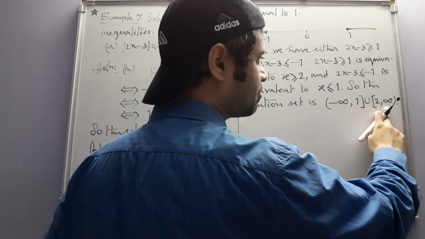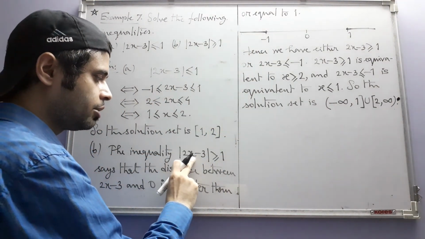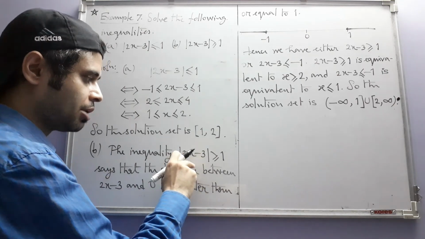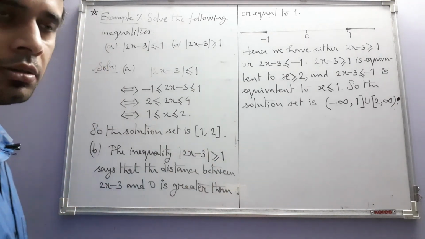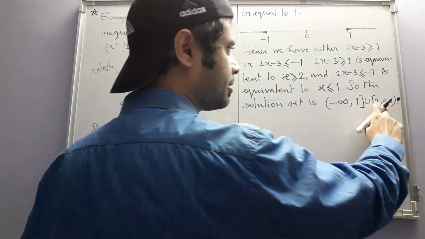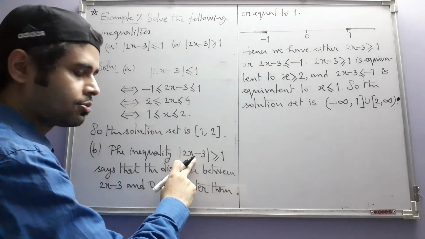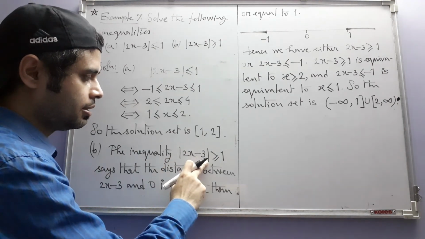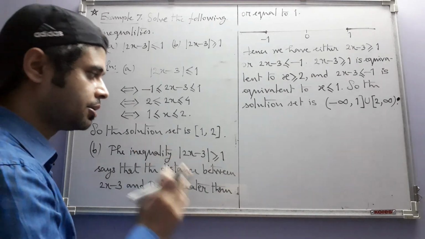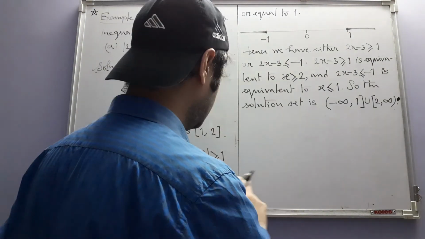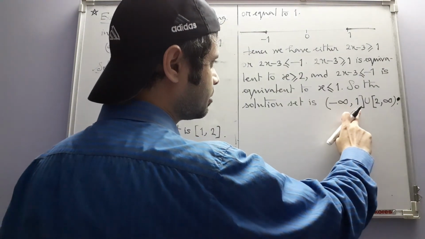If I take a number from here, say I take 2 itself, then 2 times 2 is 4, 4 minus 3 is 1, absolute value of 1 is 1, 1 is greater than or equal to 1, fine. If I want, I can take a higher value, say 3, 3 times 2 is 6, 6 minus 3 is 3, absolute value of 3 is 3, 3 is greater than or equal to 1.